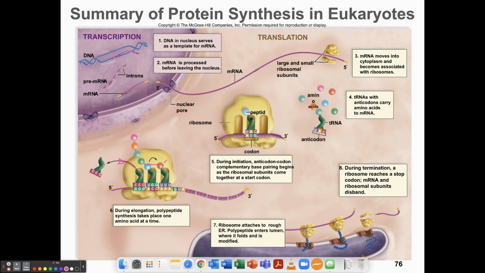It's going to keep moving down the line, reading all the way until it reaches a stop codon. Once that stop codon is reached, our protein is built, as we see here. The protein will then go from the ER to the Golgi, and then from the Golgi out.